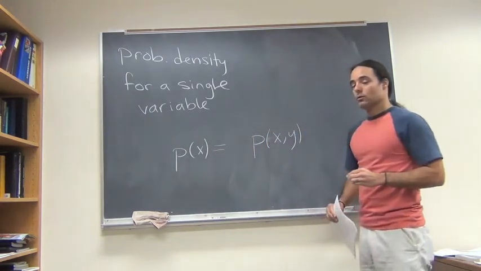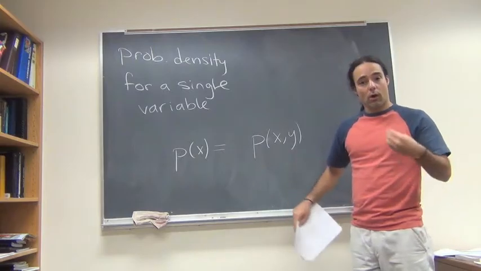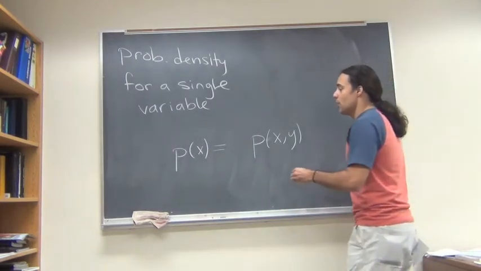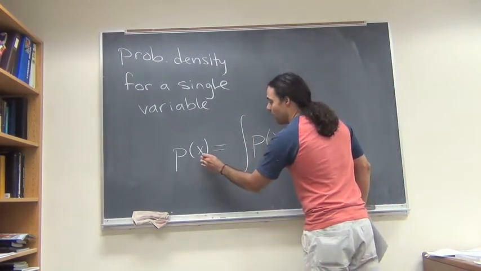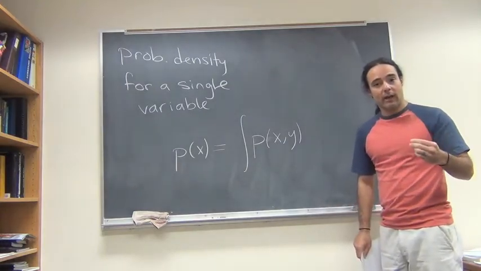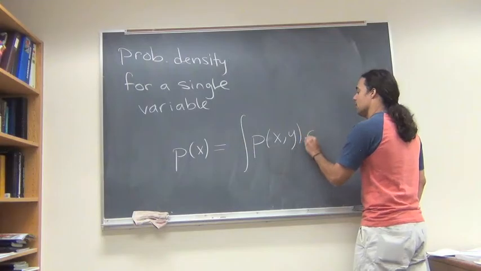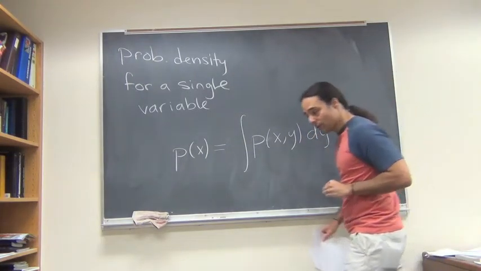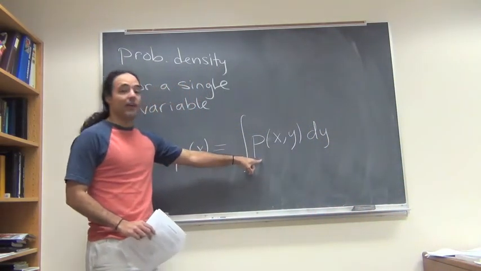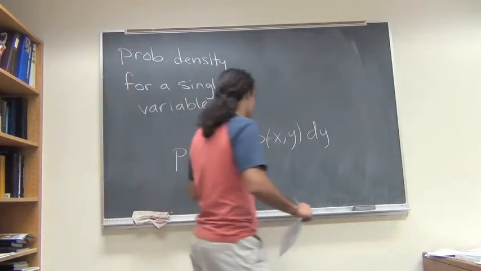All we have to do is integrate over all the possible y values. So if I want to get the probability of x for any possible y, so in some sense regardless of y, all I have to do is integrate out that y dependence over all its possible values.